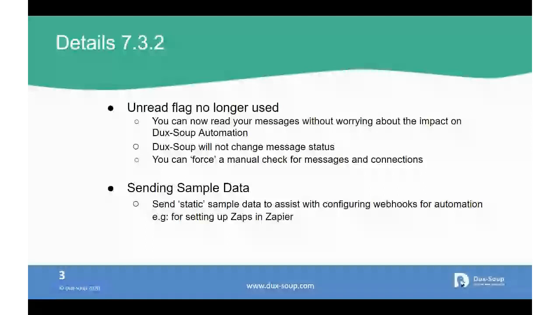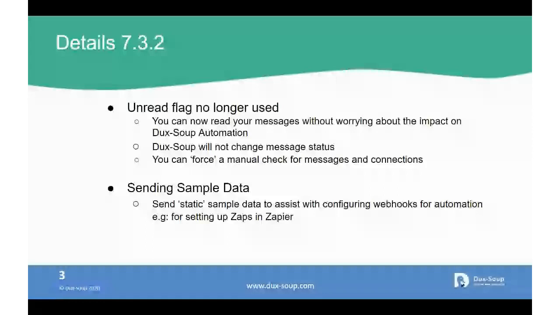As many of you are aware, when you were carrying out automated activities with Dux-Soup in LinkedIn, you had to leave messages in an unread state in order for the message bridge to pick them up and process those messages correctly. What will happen now is that you can read your messages and not worry about the state, because Dux-Soup will use time stamping in order to assess and check for new messages.